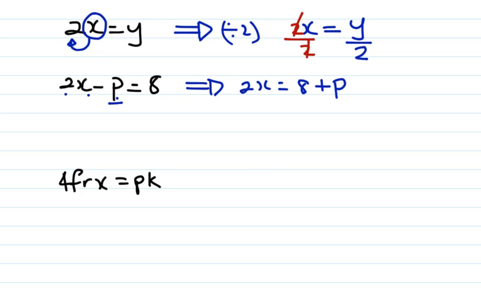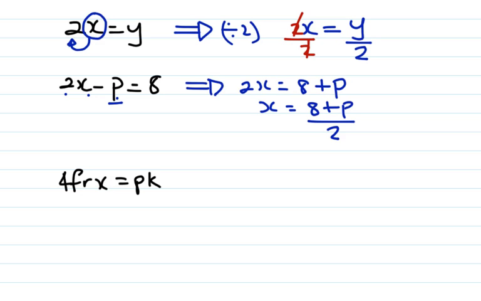I'm going to add p because I have to do the opposite to what p was doing; p was subtracting, so when it goes over it will add. Now I've just got 2x. 2 is multiplied by x. The best way to get rid of that is to divide by 2, so my final answer is x is equal to 8 plus p, all of that divided by 2. And that is now finished. x is the subject and it's on its own on that side.